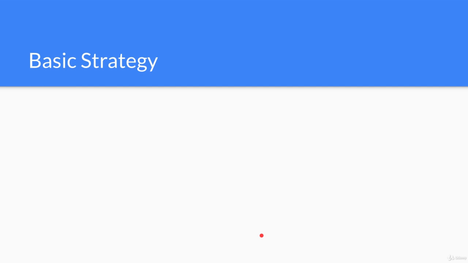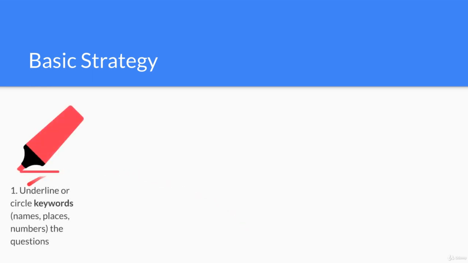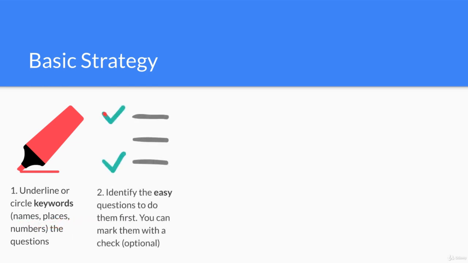Now let's go over our basic strategy. When you get this type of question on your exam, the first thing that you're going to do is underline the keywords in your question. Keywords are words that are proper nouns, names, places, numbers, and so on. Next, you can put a check mark next to the easy questions if it helps you.